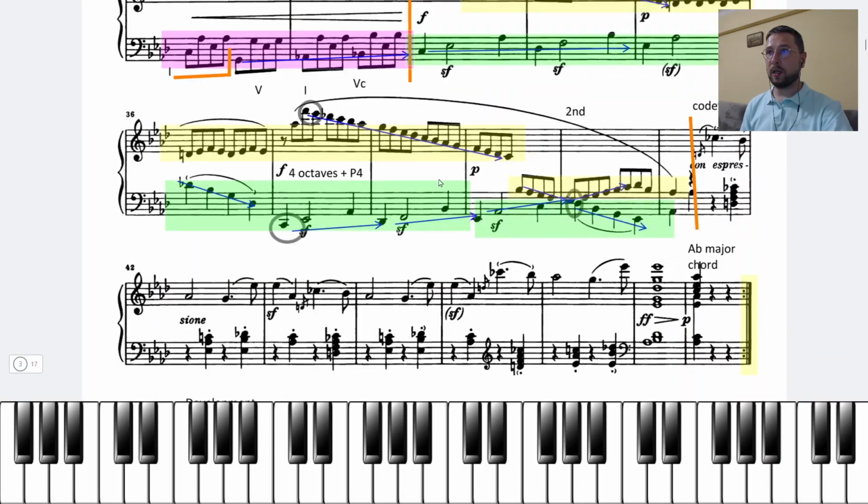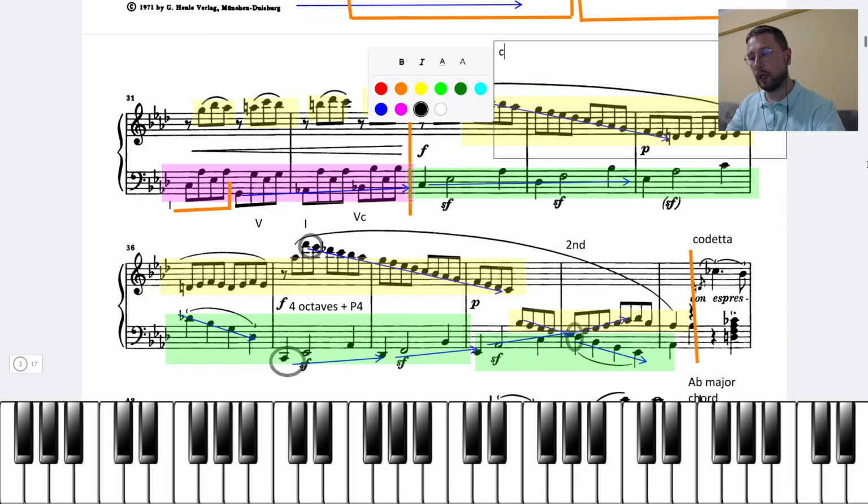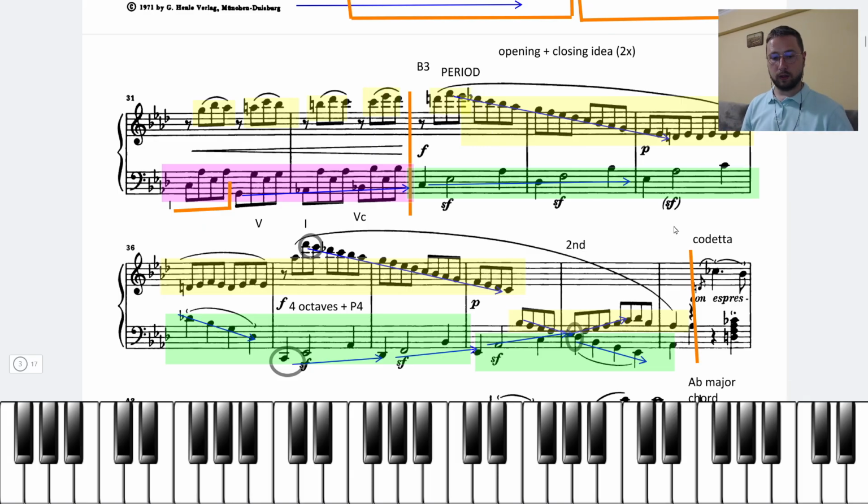Now, a period is different. In a period we have an opening idea followed by a closing idea, and that is repeated 2 times. So we would have opening, closing, and then again the same opening and closing.